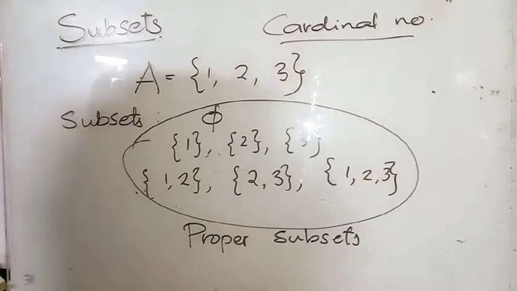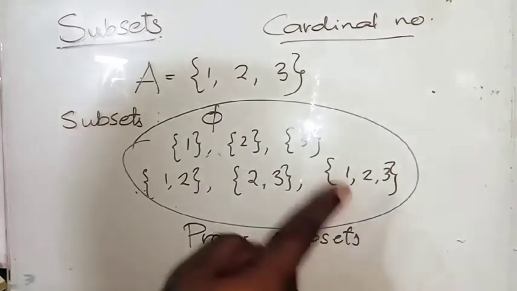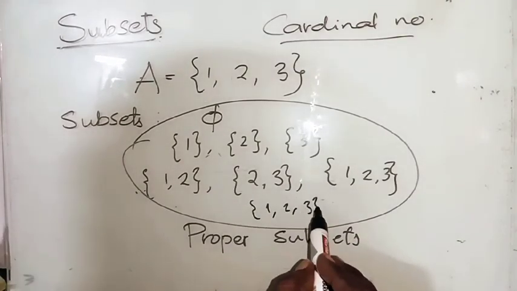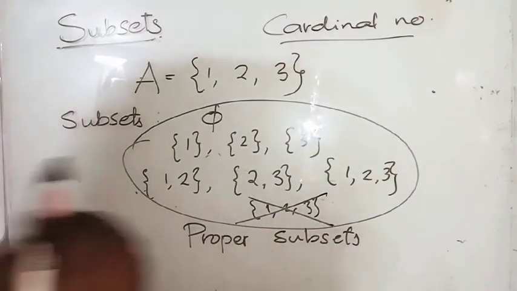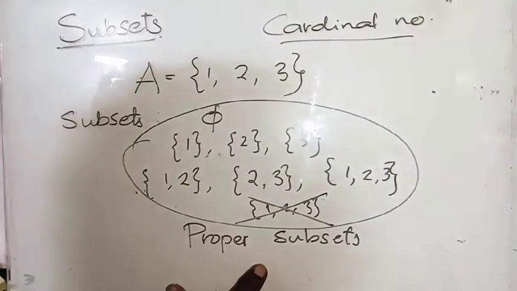So how do we frame a proper subset? By eliminating that set. The set 1, 2, 3 is also a subset. Just eliminate it, and we get the remaining subsets. They are known as proper subsets.